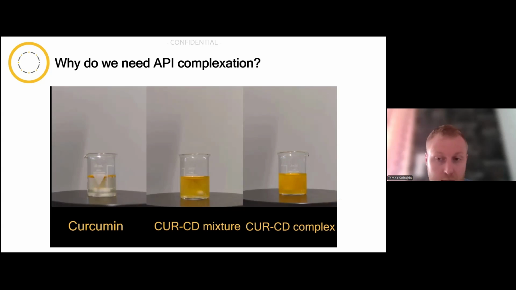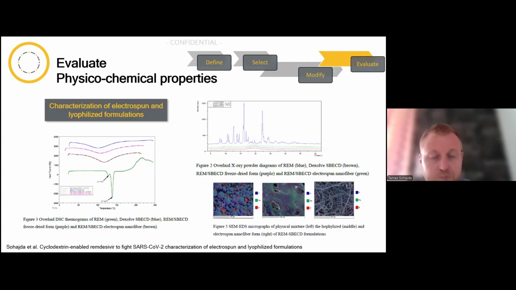And in the third case, both the wettability and the solubility of the compound is dramatically increased, even in these few seconds, as you could see. So making sure that there is a complex formed is really critical for the success and to exploit all the advantages the cyclodextrins may offer.